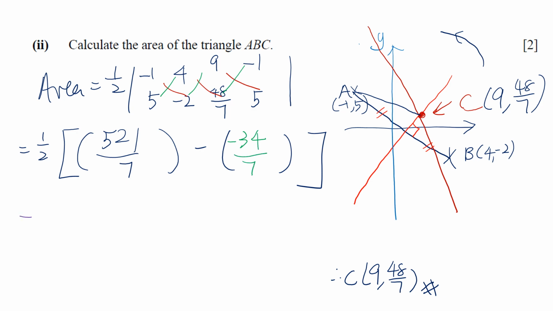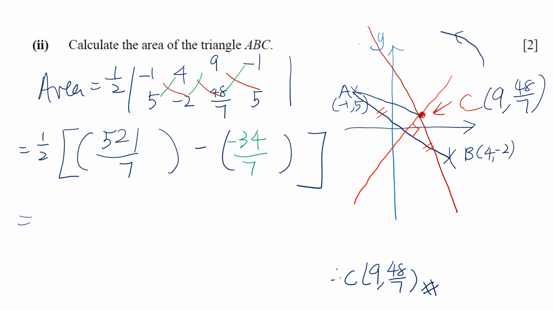Right, then you can use your calculator further with a half in front. Bracket fraction 521 over 7 minus bracket negative 34 over 7 bracket, and that gives you really?